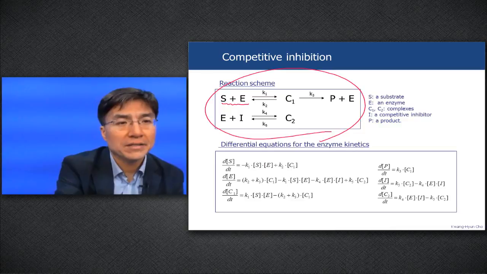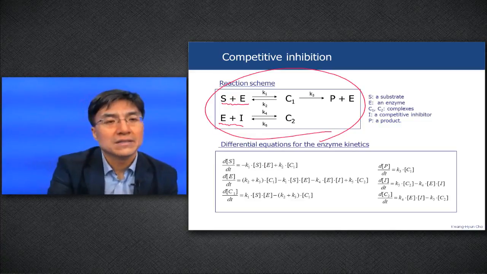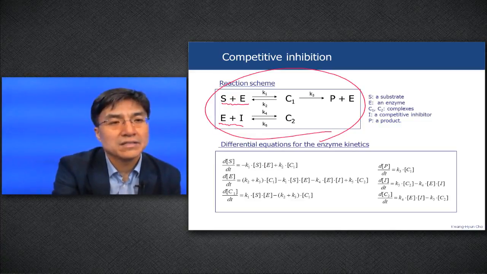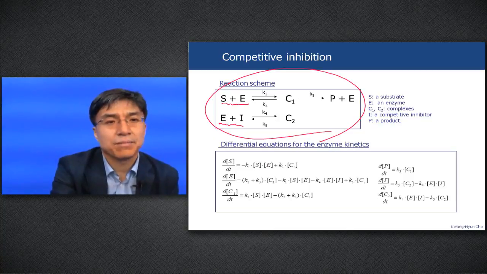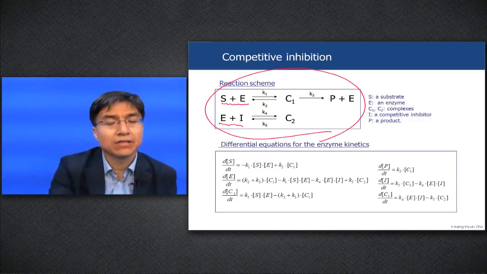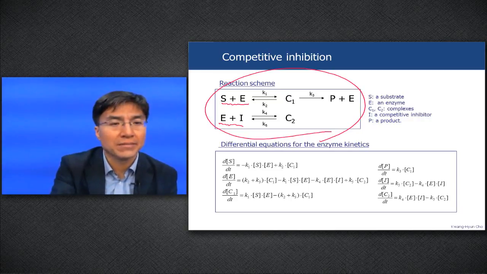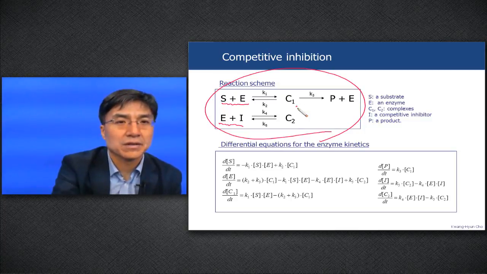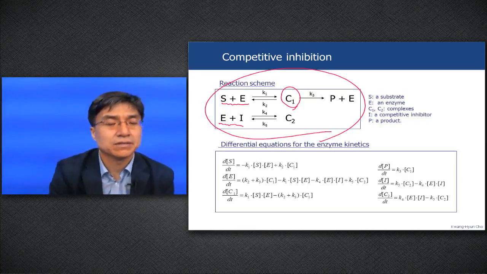But if there is an inhibitor, in this case a competitive inhibitor, then because there is only one binding site, once the enzyme binds to the inhibitor, the substrate cannot bind to the same site. So if we write down this reaction in terms of a mathematical model, let's just think of this one, complex 1.